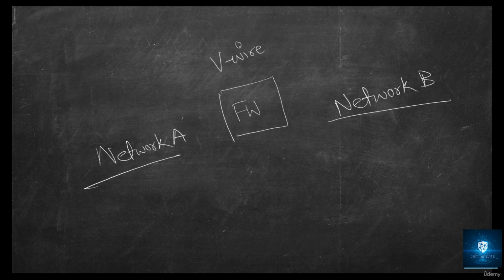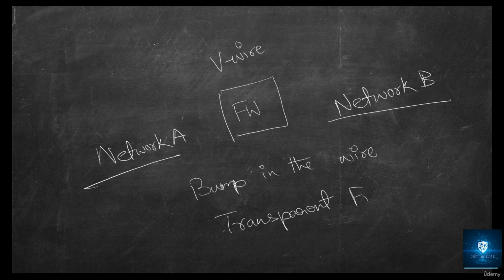Now this one is also sometimes called bump in the wire. You might have heard it like this, or even called transparent firewall mode. Now most of the legacy firewalls have this mode already.